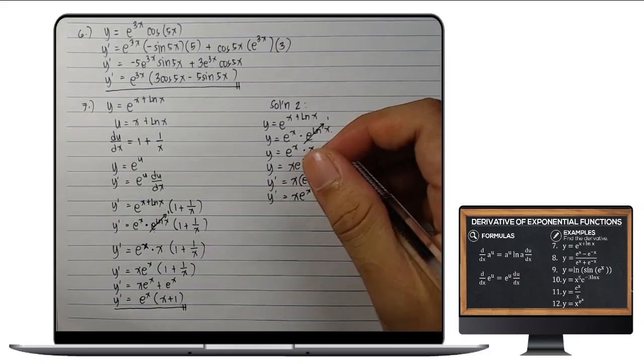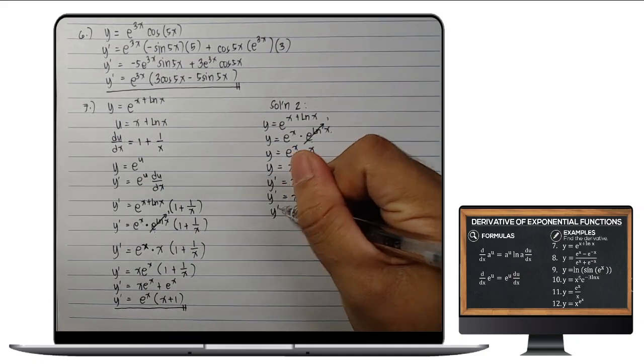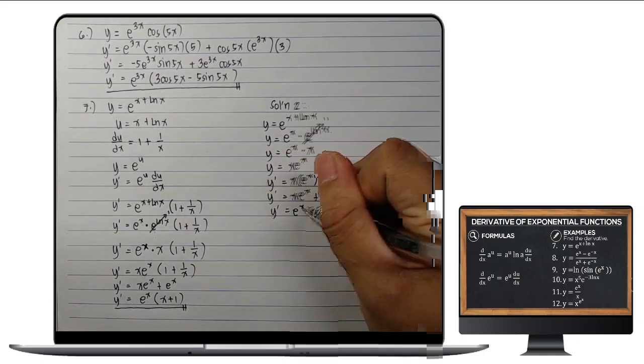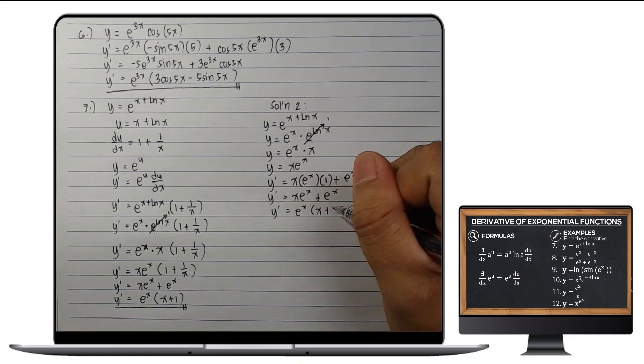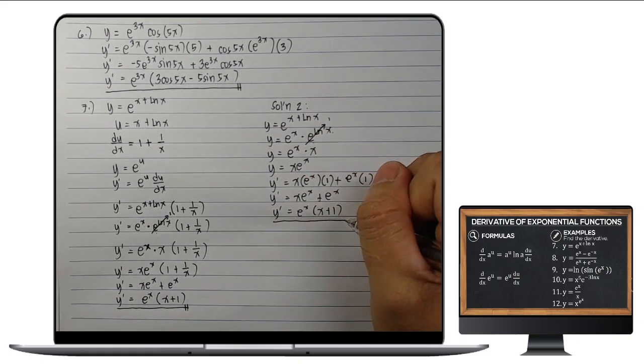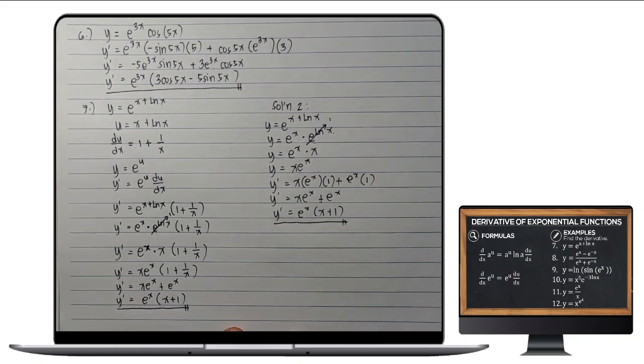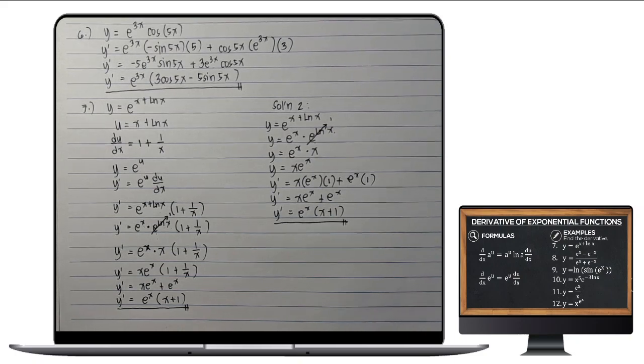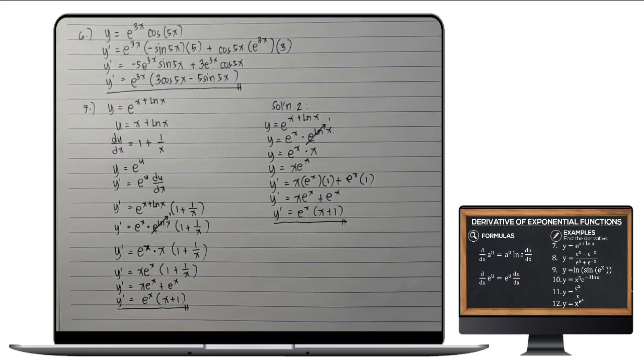So, that is the same. Or y prime is equal to e raised to x multiplied by x plus 1. So, by the application of properties, we can arrive at the same answer. We just applied laws of exponents.